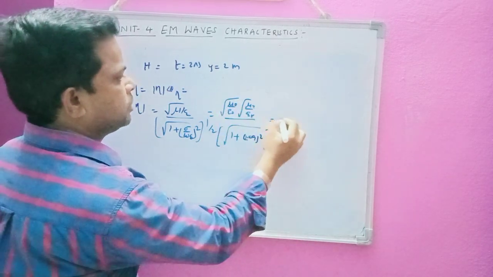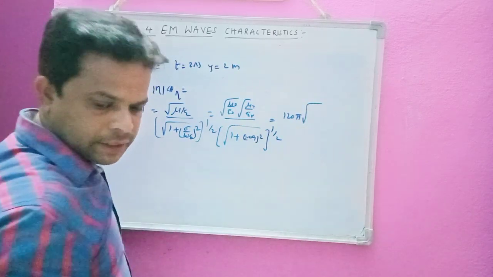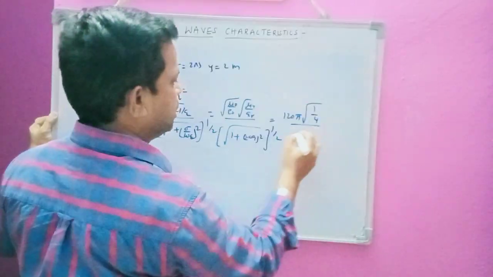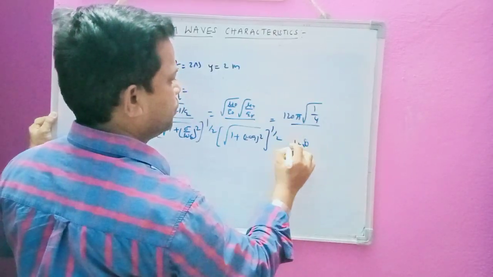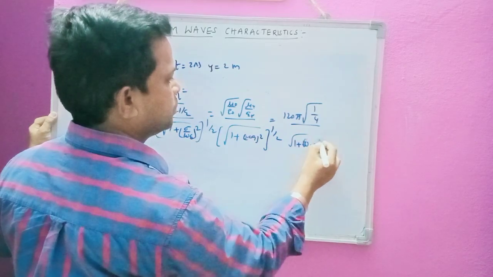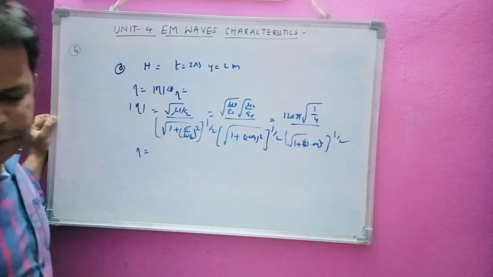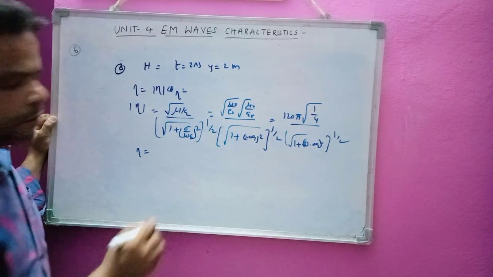This turns around to be 120 pi times square root of mu r, which is given as 1 by 4, over 1 plus 0.09 whole square, whole power 1 by 2. By doing these calculations we get this value as 188.11.